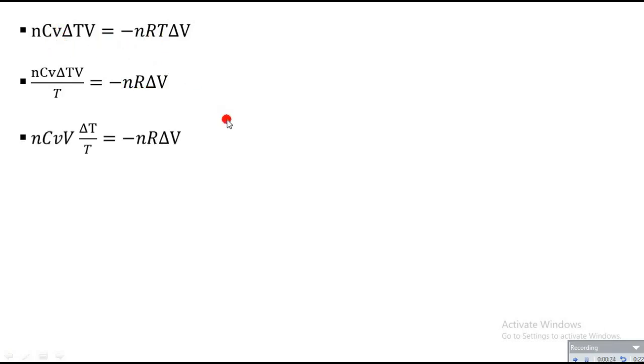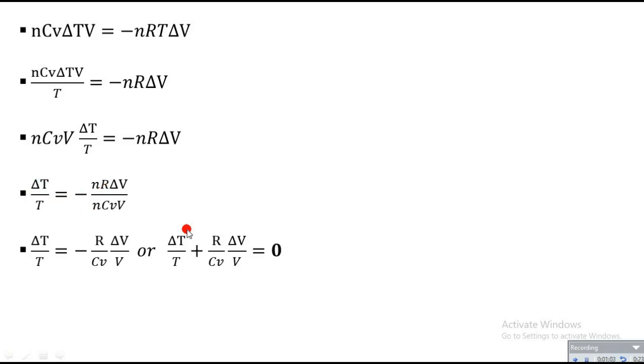Again, we can rearrange the equation. We are putting this dT over T aside: minus nR dV. So then you can say that dT over T is equal to minus nR dV over nCV times V. We are still in the rearrangement of the equation.